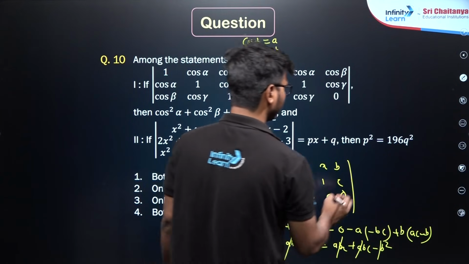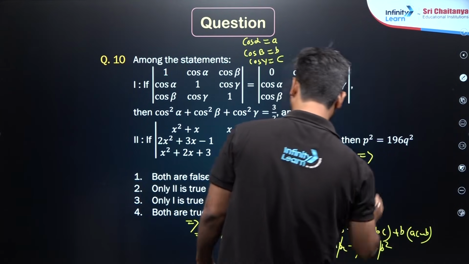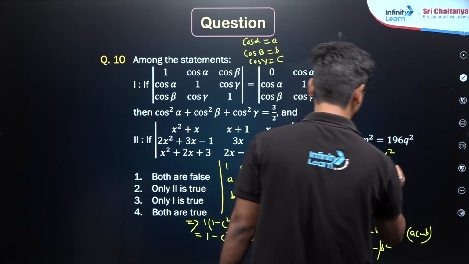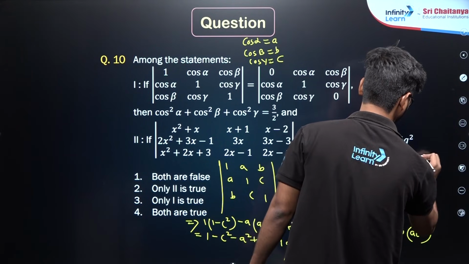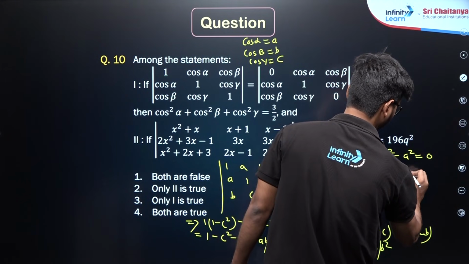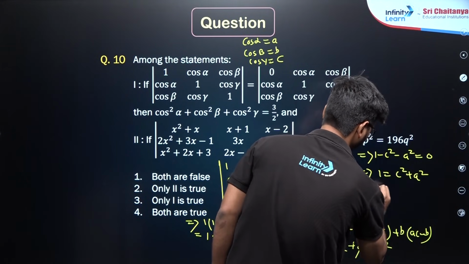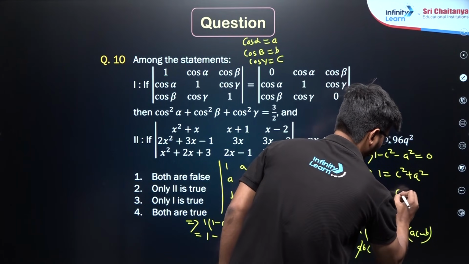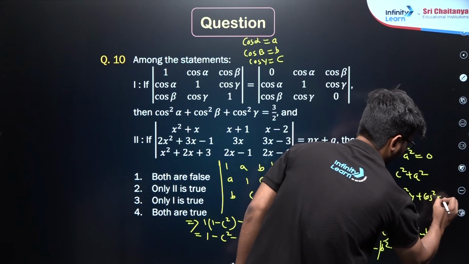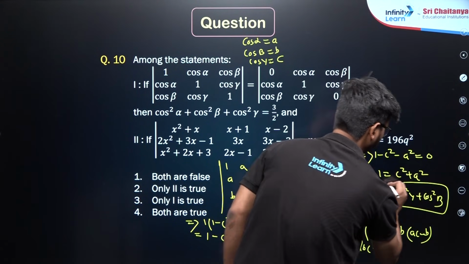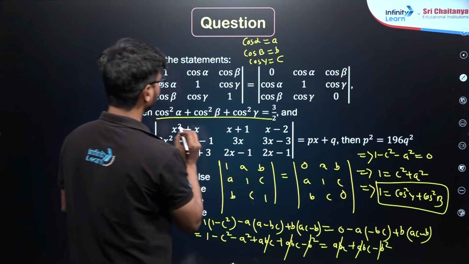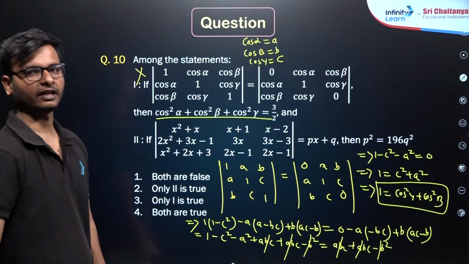So we are left with 1 minus C square minus A square equals 0. So I can write this as 1 equals C square plus A square. And what is the value of C? C is cos gamma. So it means cos square gamma plus cos square beta. This is the final result we are getting for the first one. But they have given this condition, correct? Means the first one is false. The first statement is not correct.